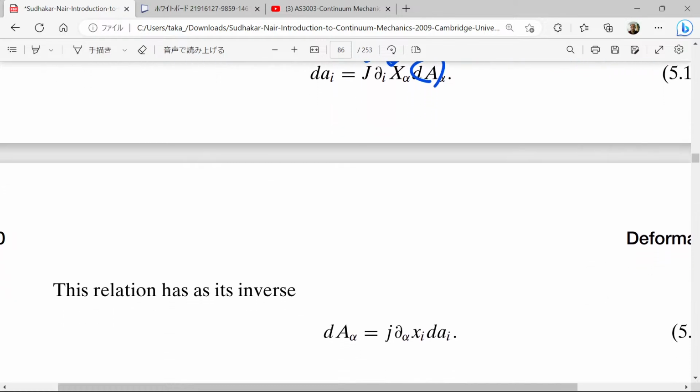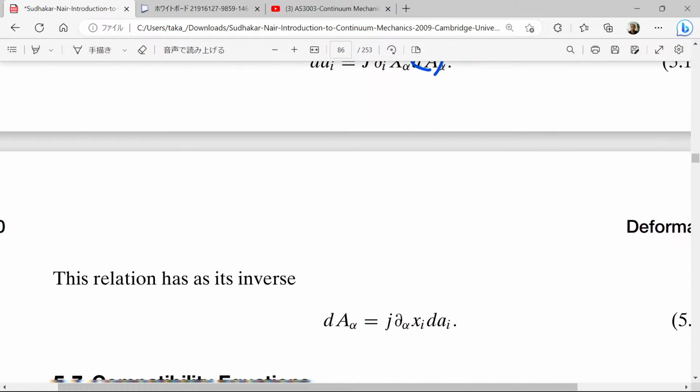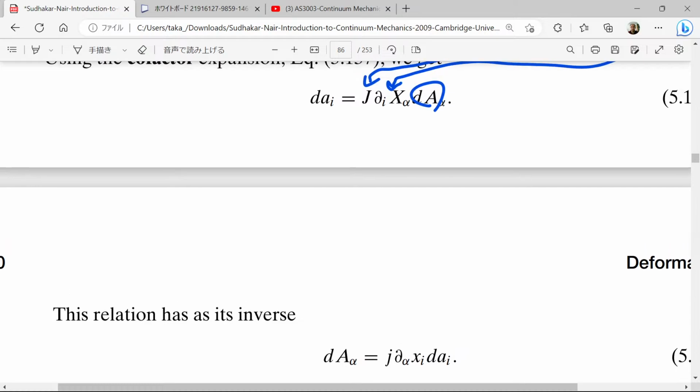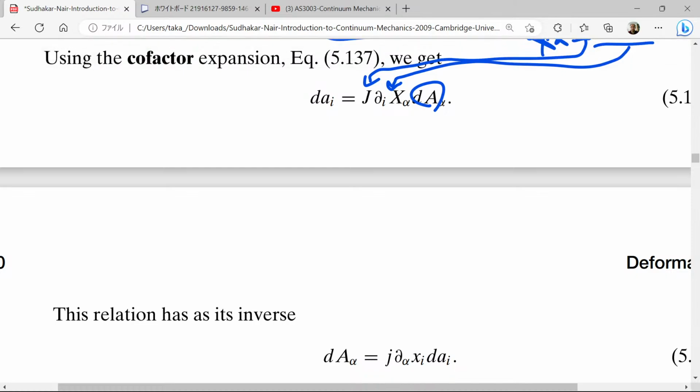This relation has as its inverse dA large A alpha equals small j partial alpha xi d small ai. So we should understand this just by analogy.